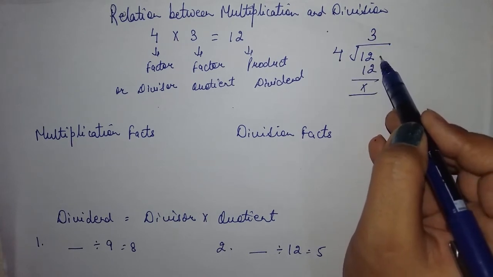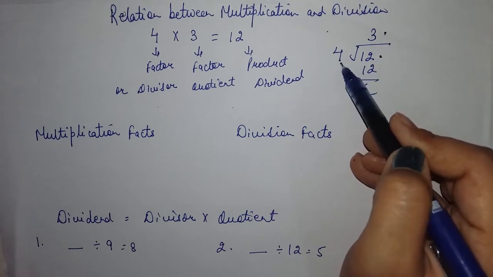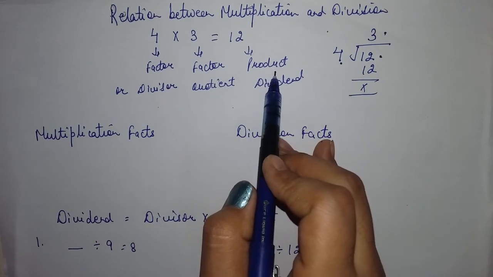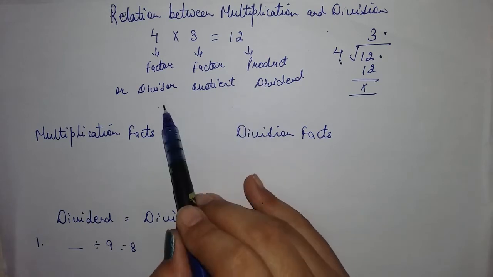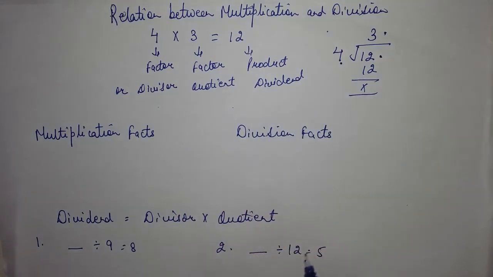So 12 is the dividend, 3 is the quotient, and 4 is the divisor. So whenever you multiply two factors, you get a product, and from that you can derive a division statement also. So multiplication and division are inverse operations.